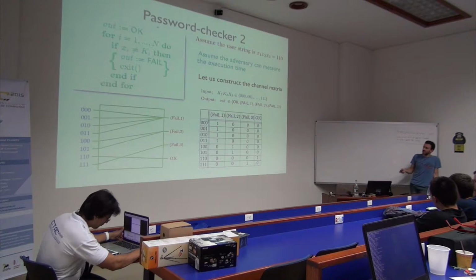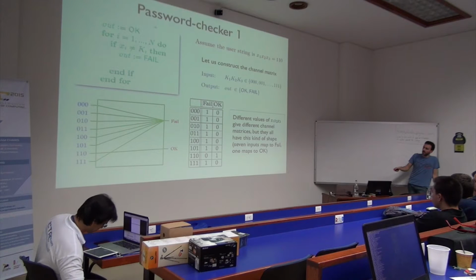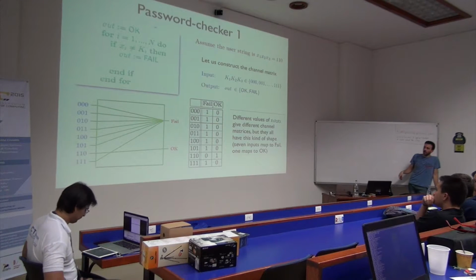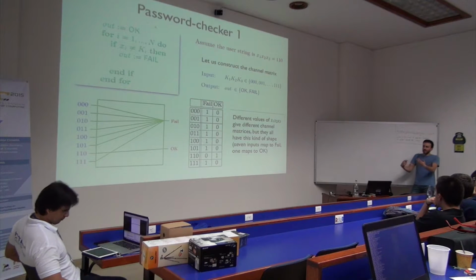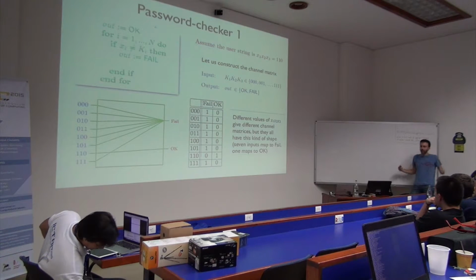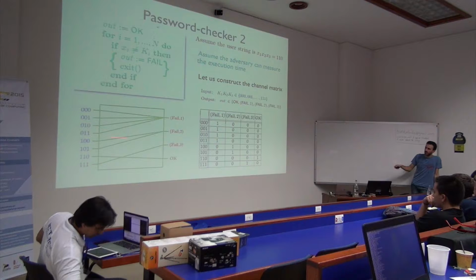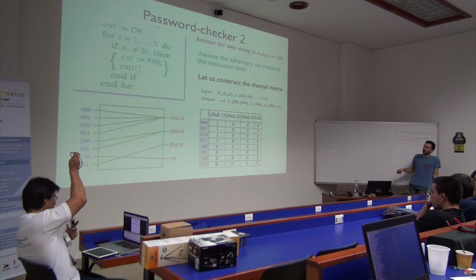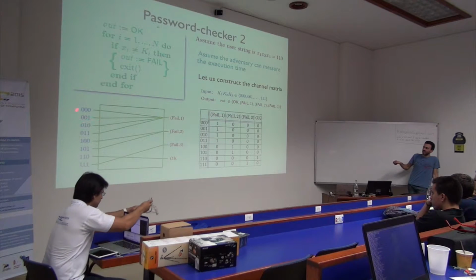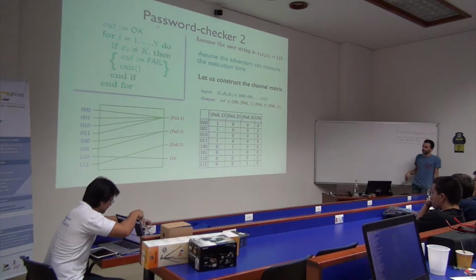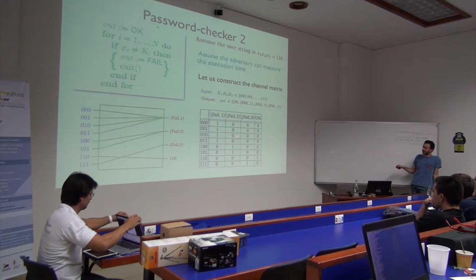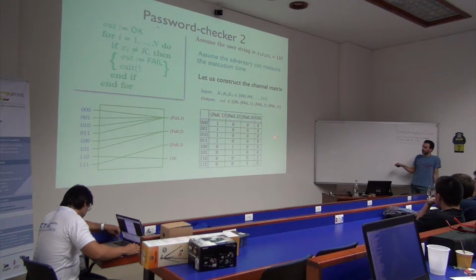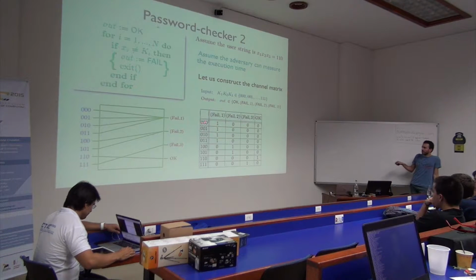So you see a sharp contrast between this picture, where you can visually see there's less leakage, everything collapsed to the same observation, and a completely different picture here, where different classes are mapped to different observations.